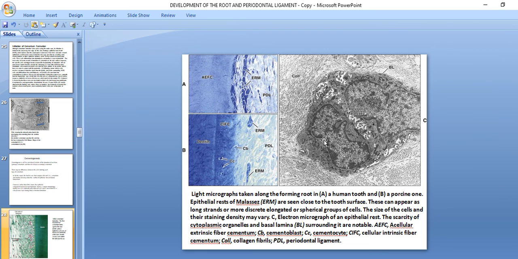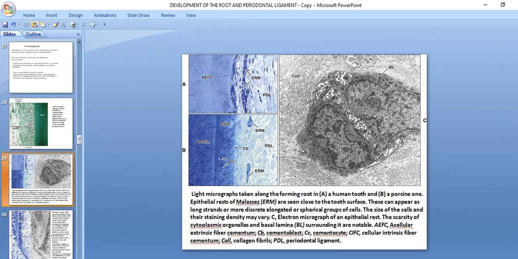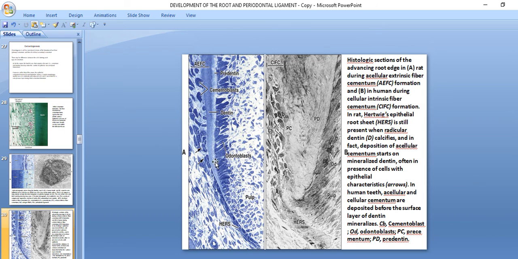Also you can see the extrinsic acellular cementum, and here you can also see the differentiated cementoblast forming, and from this side you can see the differentiated odontoblast from the pulpal side, and here you can see the epithelial cells, Hertwig epithelial root sheath, and differentiating cementoblasts.